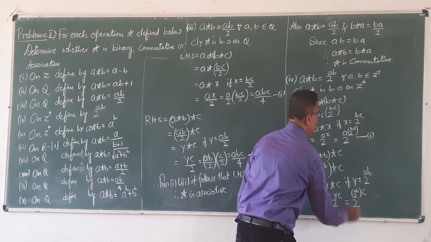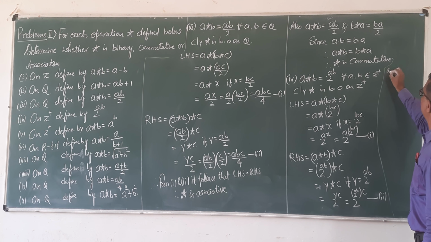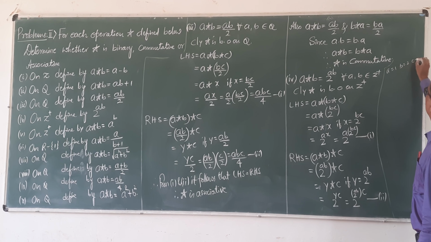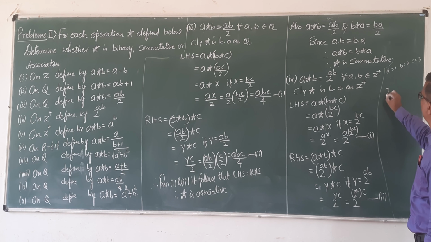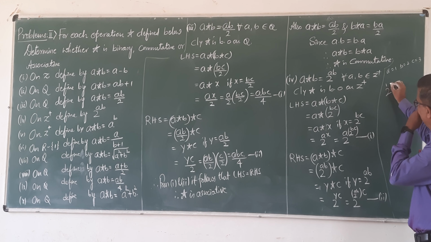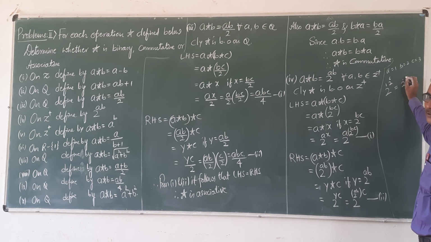Check it. Take one counter example. Take 3 positive numbers. Take A value 1, B value 2, C value 3. Now, in equation 1, 2 power A, value 1, into 2 power B into C. 2 into 3 is 6. That is 2 power 6. 2 power 5 is 32, 2 power 6 is 64. So it is 2 power 64, some number.